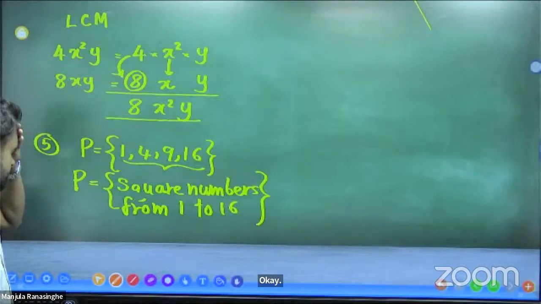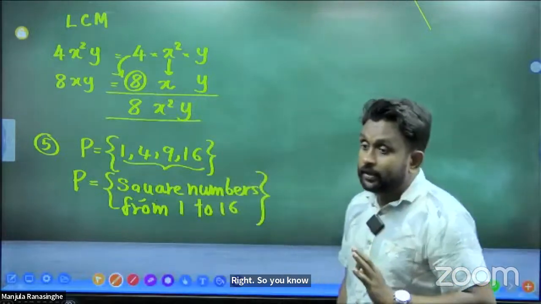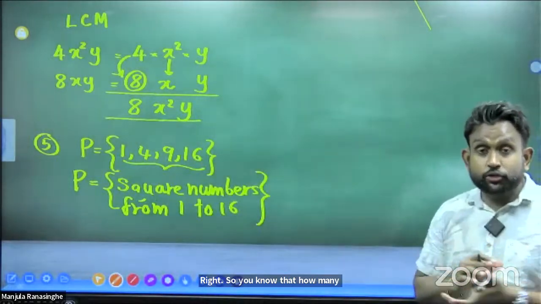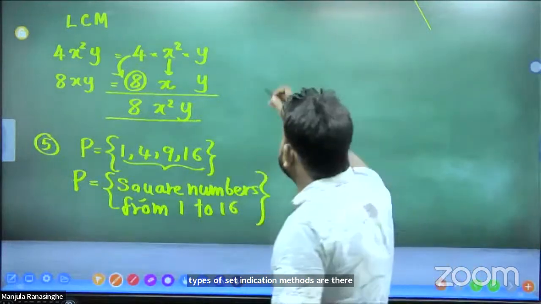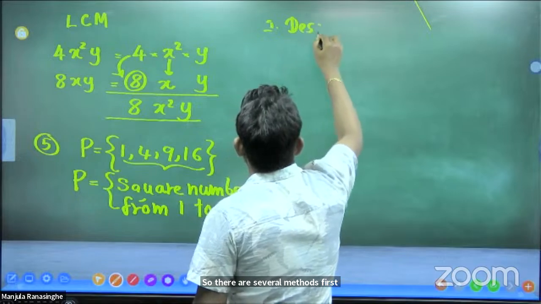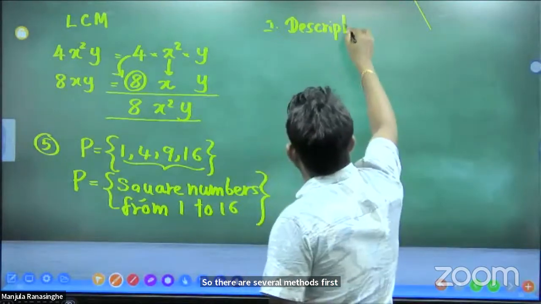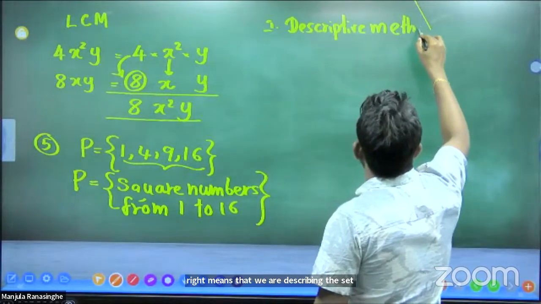Right, good. So do you know how many types of set indication methods there are in O-level maths? There are several methods. The first one we call the descriptive method, which means that we are describing the set. The descriptive method is what we did now.